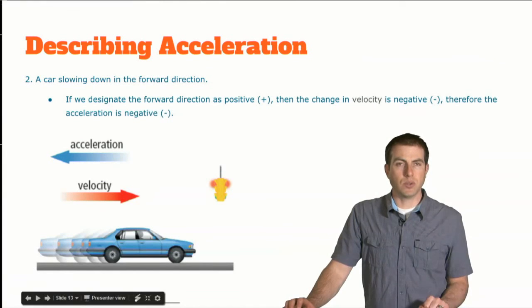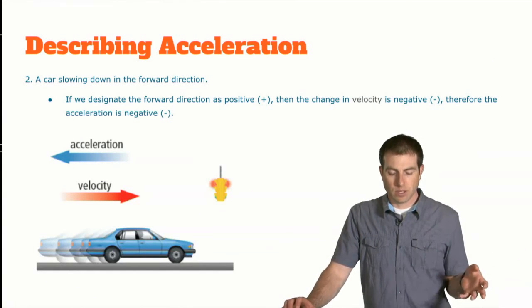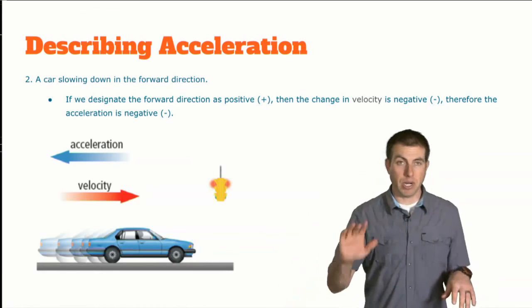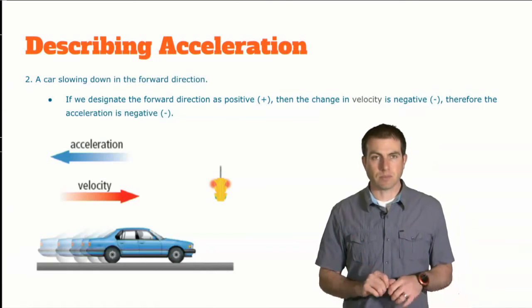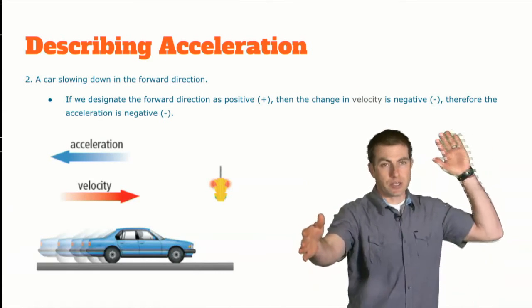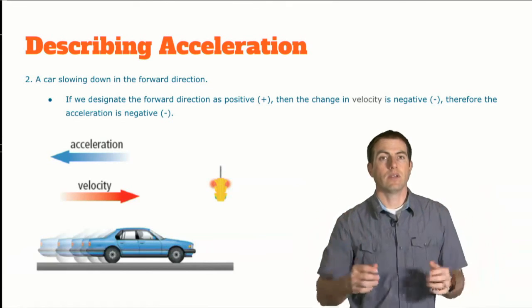Is it possible to accelerate backwards while your car is going forwards? Yeah, that's what happens when you're driving in your car and you put your foot on the brake. Come to a red light. Your velocity is forward, your acceleration is actually backwards because you're slowing down.